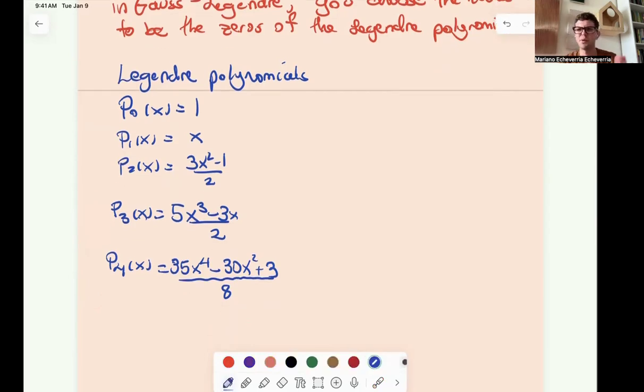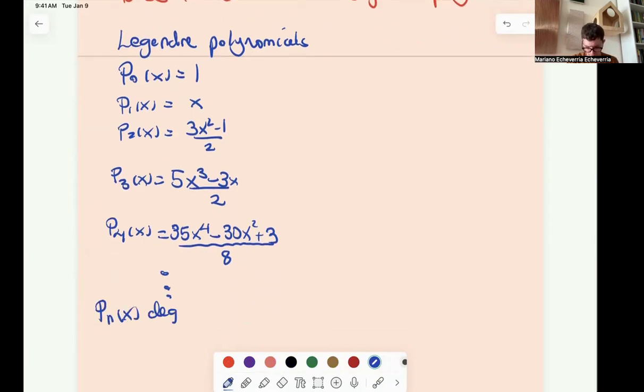So what you have to remember from what I mentioned before is that Pn of x is a degree n polynomial, and that Pn of 1 is 1. That's a convention, which is not as important.